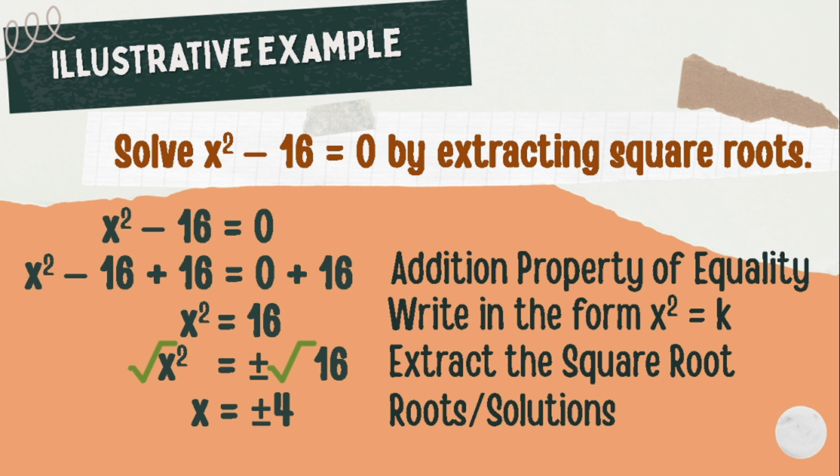Hence, we have x is equal to positive or negative 4 as the roots or solutions. Since k is equal to 16 and 16 is greater than 0, then the first property, which is k is greater than 0, can be applied to find the values of x that will make the equation x squared minus 16 is equal to 0 true.